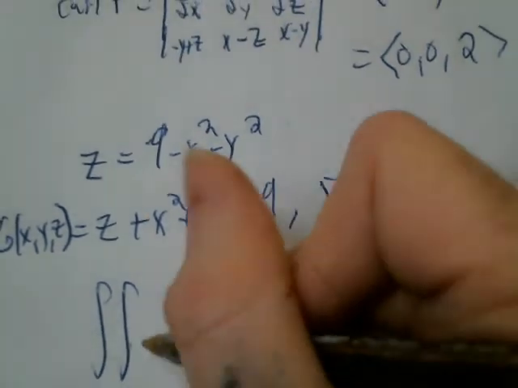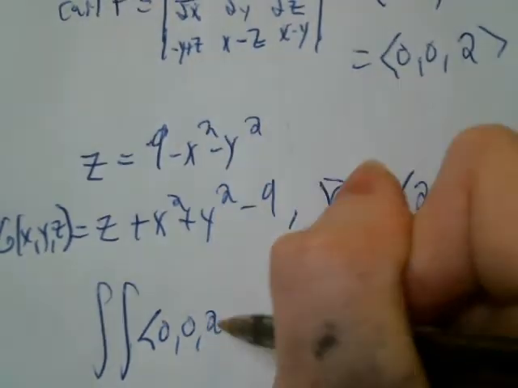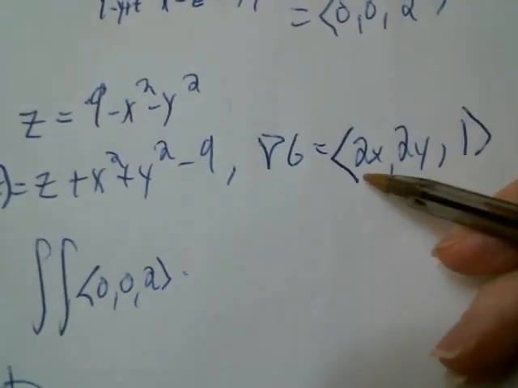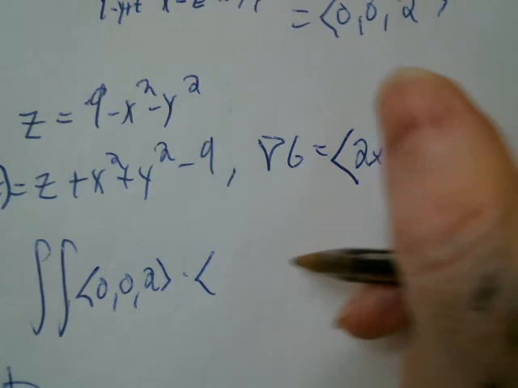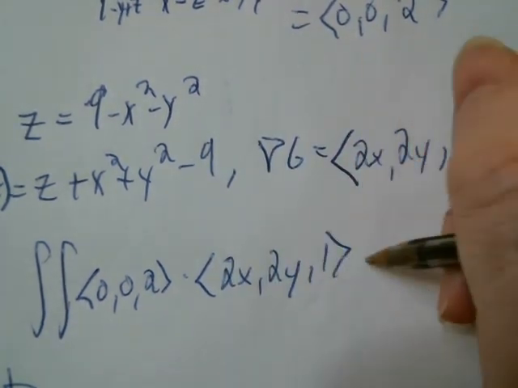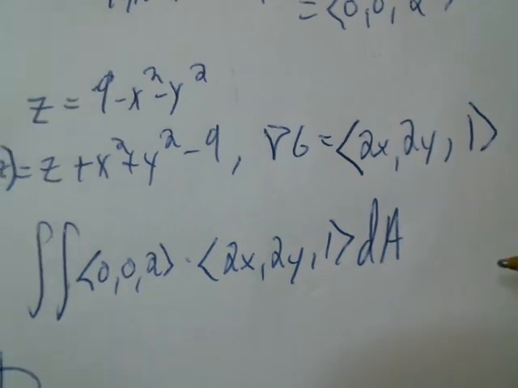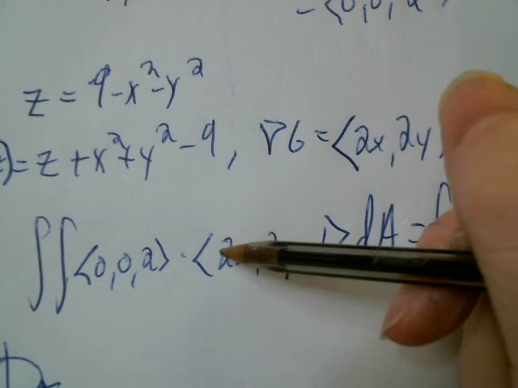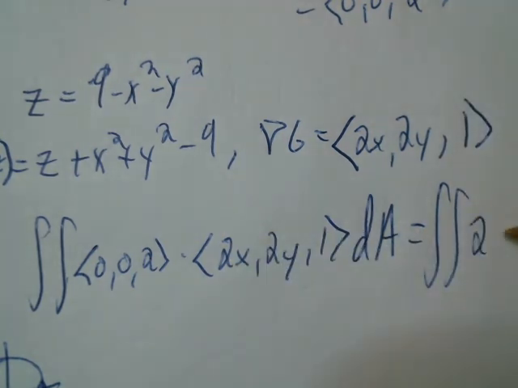I need to get the curl thing, that was 0, 0, 2 in this case, dotted with the normal, but that's kind of like using the gradient. So 2x, 2y, and then 1, and then dA. And then the dot product is just 0 plus 0 plus 2 dA.